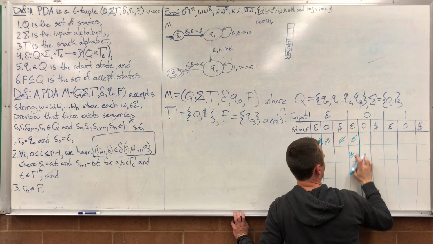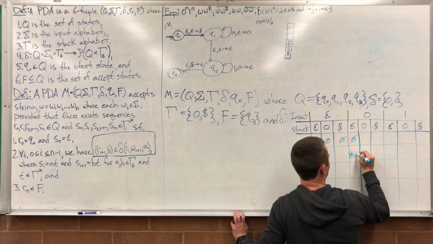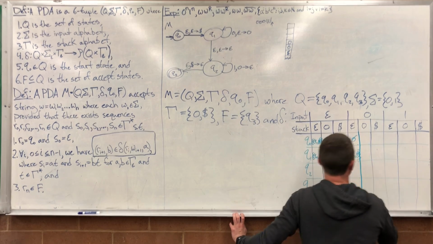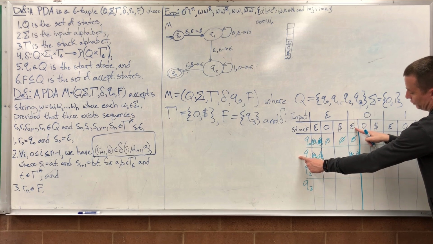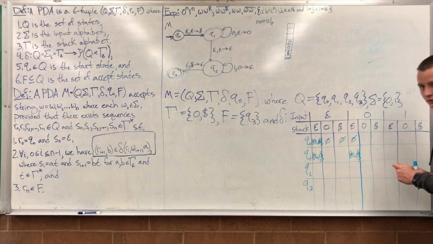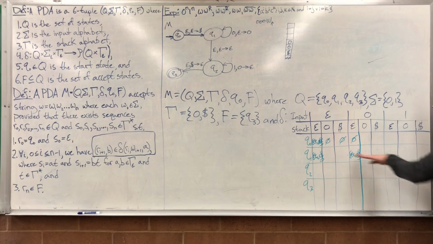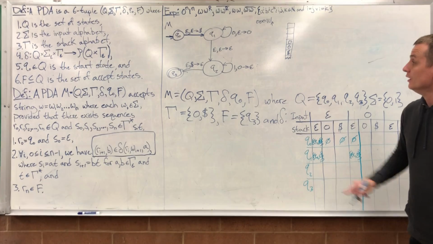Oh, but this is what we push. Sorry, pushing a 0. So from Q1, reading a 0 and popping an epsilon, you can go to Q1, pushing a 0. And then the rest of those would be empty sets.